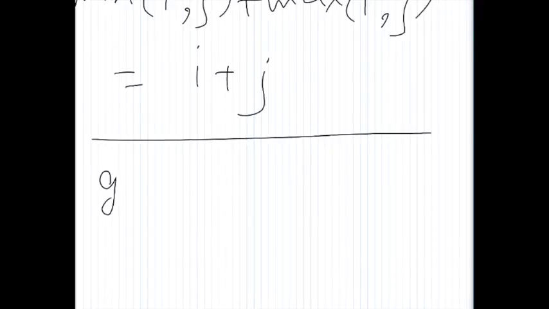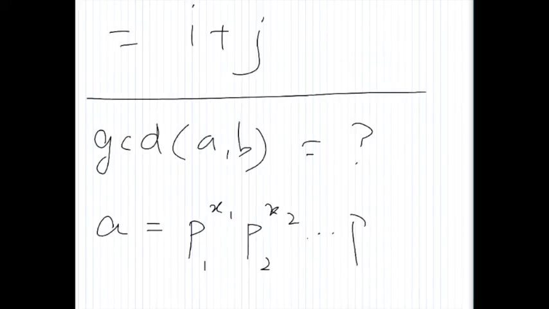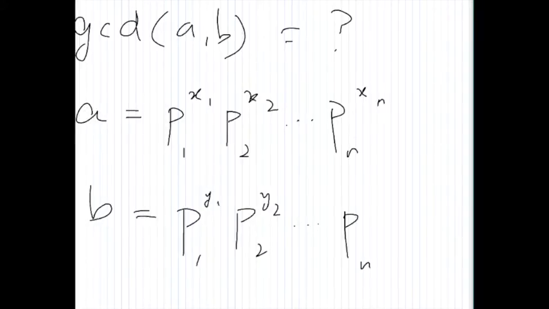So first of all, let's say what is the GCD of two numbers. Let's say a is some integer which can be written in its prime factorization form, p1^x1 p2^x2 up to pn^xn, and b is some number which can be written as p1^y1 p2^y2 up to pn^yn.